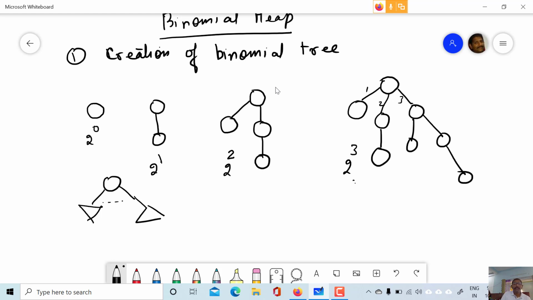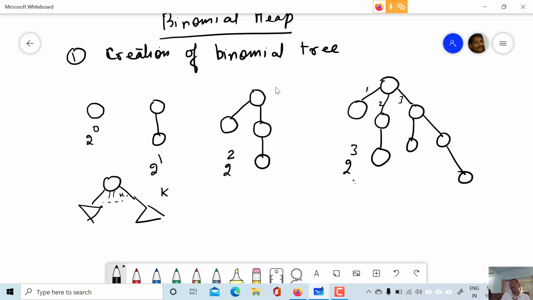So if the degree is k, then we can say that there are k edges from the root node. One more thing, if the degree is 3, in this case, what are the degrees of their children?